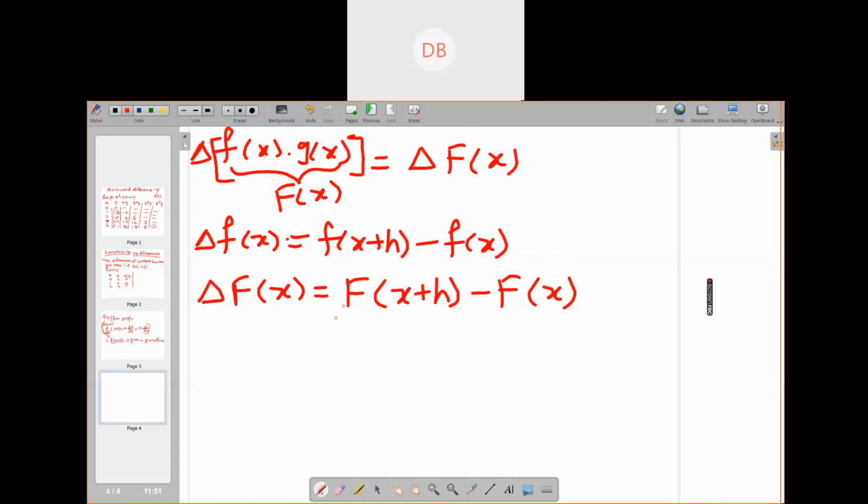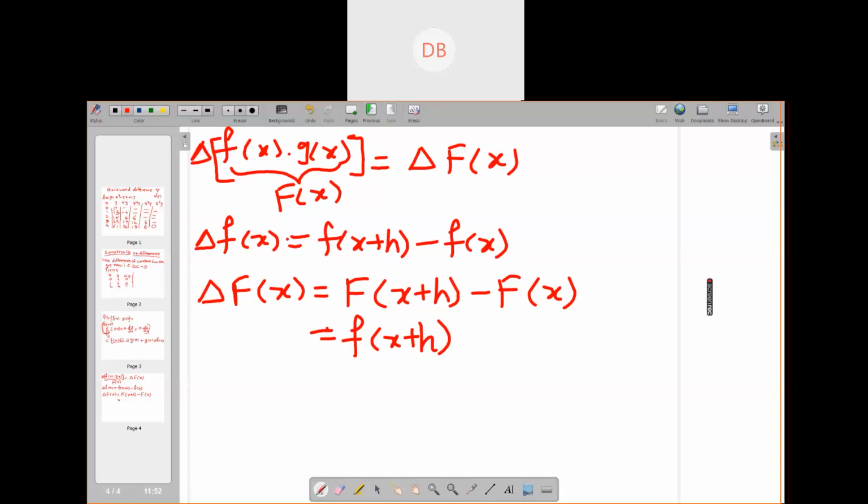So what is capital F(x+h) now? If capital F(x) is f(x) into g(x), what is capital F(x+h)? f(x) into g(x+h)? No. What you have to do is change the variable from x to x+h.